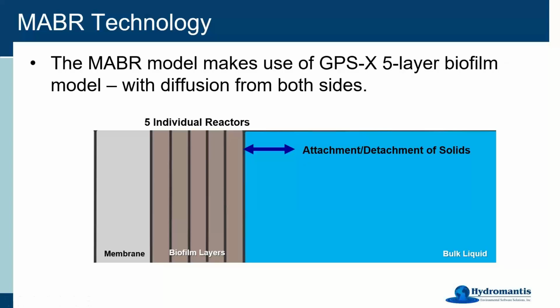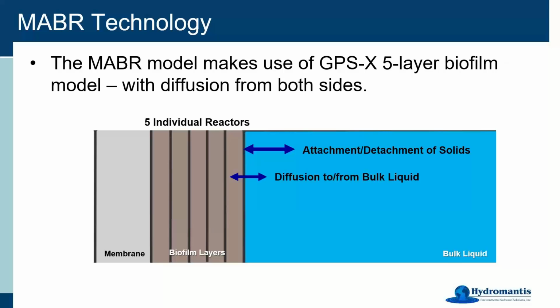You can turn the attachment up and down, and it could be a function, say, of mixing or something like that. I have always found that our default values work under 90% of the situations. Occasionally, I may find the biofilm thickness that we're predicting is a little on the big side, and I might turn up the detachment just a little bit, just to knock it back.